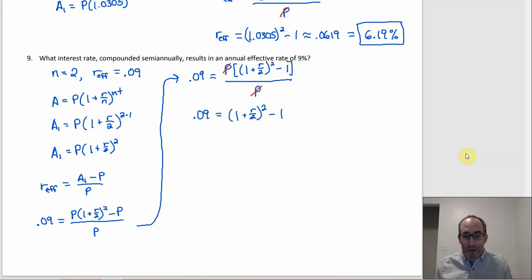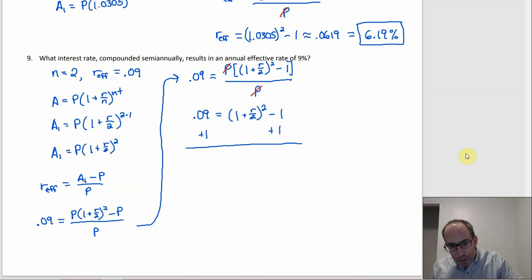And we got to solve that for R. The thing that has the R in it is that quantity getting squared. So let's get the thing that's being squared by itself. If you add 1 to both sides, we're going to have that 1.09 equals 1 plus R over 2 quantity squared.